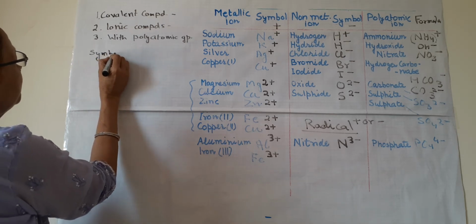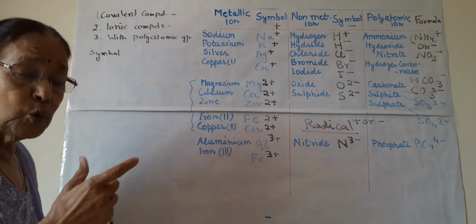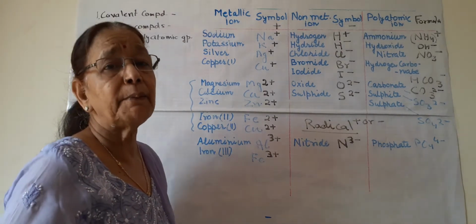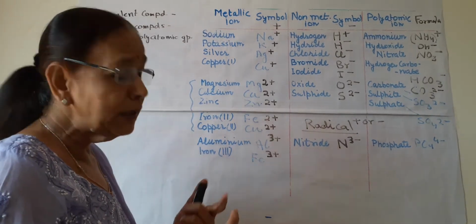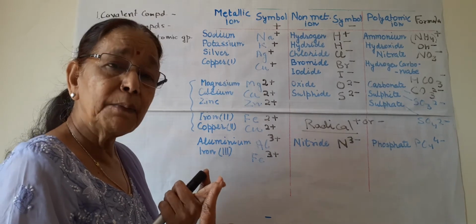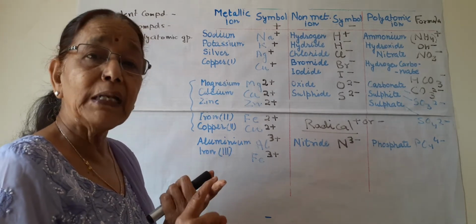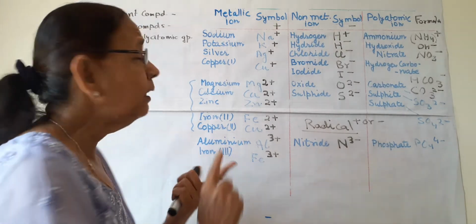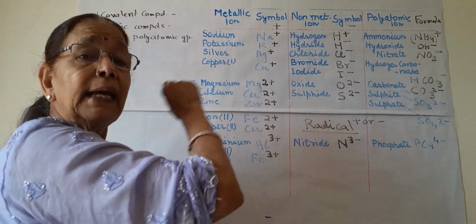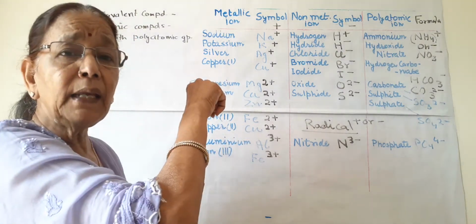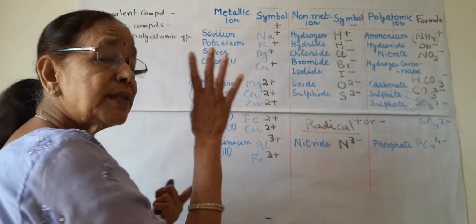So first, covalent compounds. There are some rules for writing these chemical formulas. And what are the rules? First, the symbols should be written, then valencies or charge should be written below the symbols, then a crossover is made, and this is the one rule.